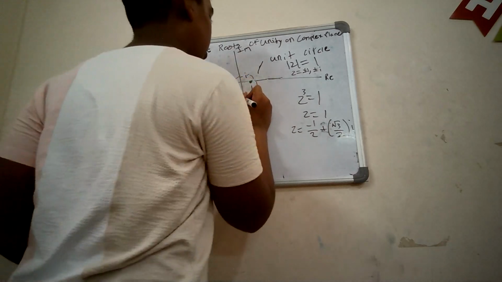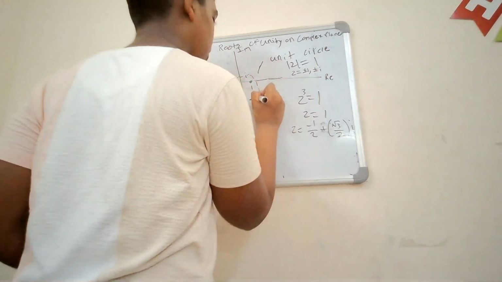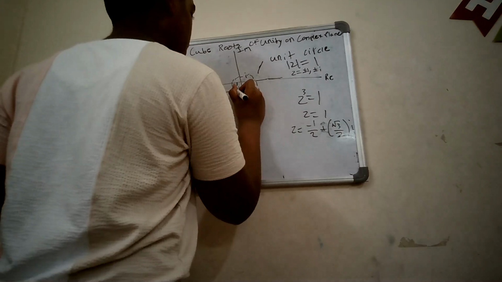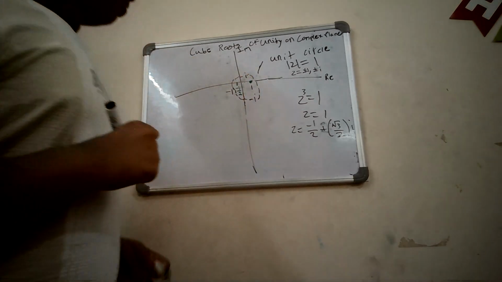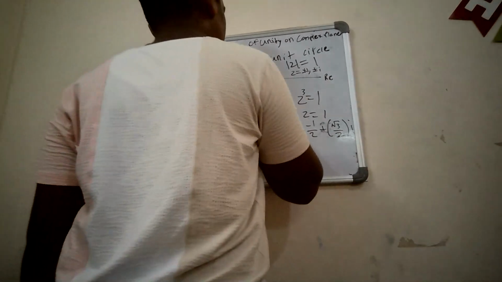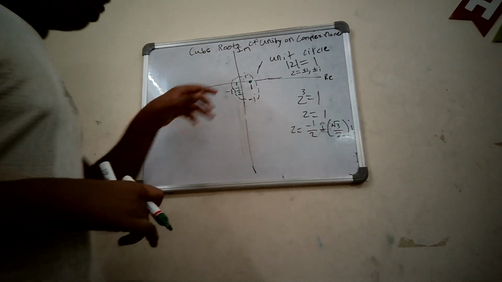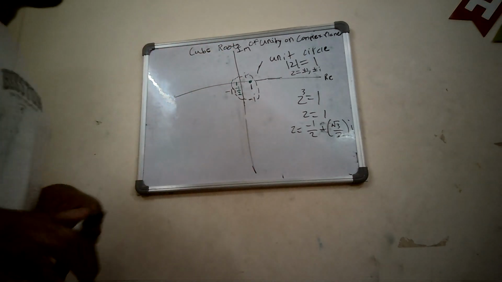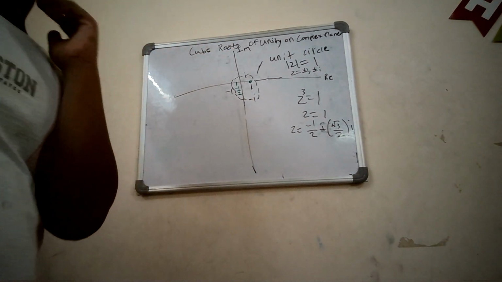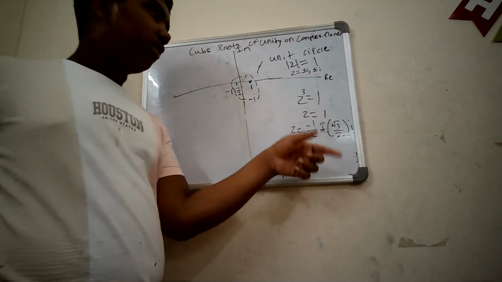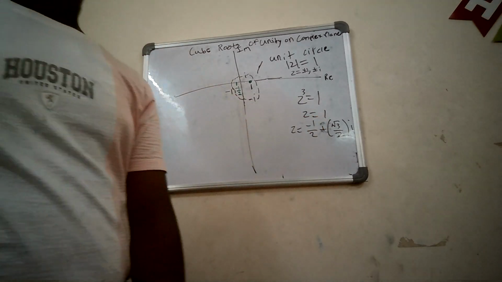Okay, well, let's look carefully. Basically, this will be the imaginary positive section. The square root of 3 is 1.73, upon 2.